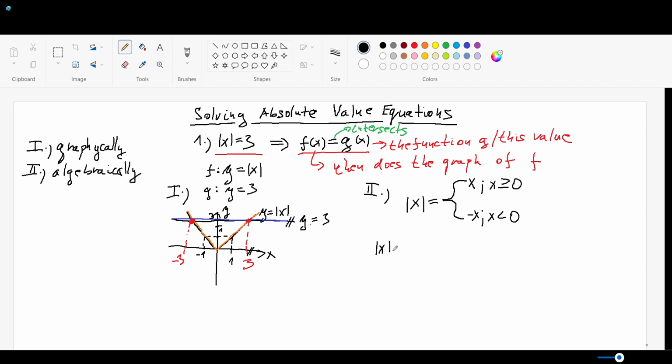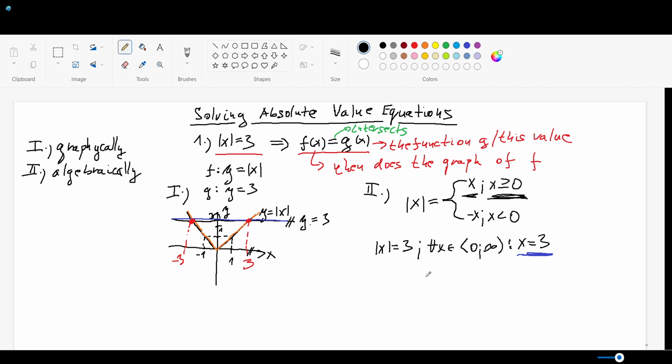It means that our equation, the absolute value of x equals 3, will now be defined for each x from the interval 0 to infinity, which comes from this condition. And then our equation becomes x equals 3. So this is our first solution.